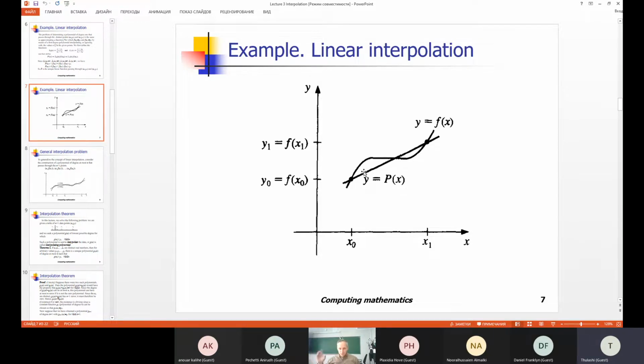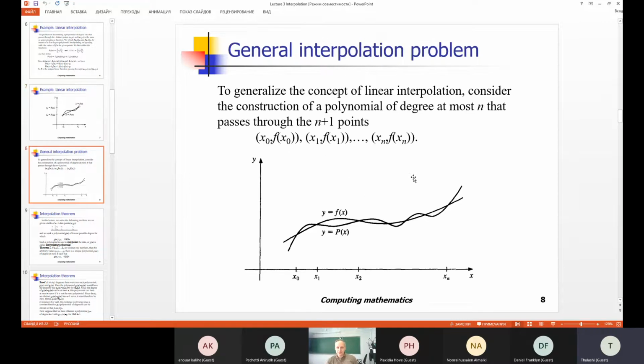And how to check the answer? Just substitute the points into the equation of the line. If you substitute x0 and you get y0, if you substitute x1 and get y1, the answer is correct.